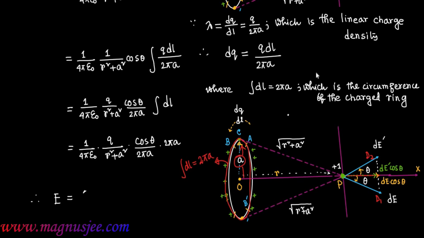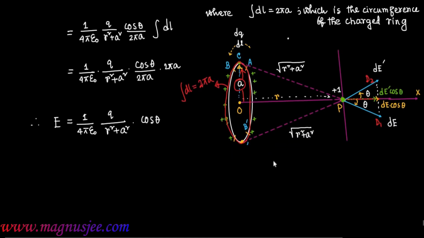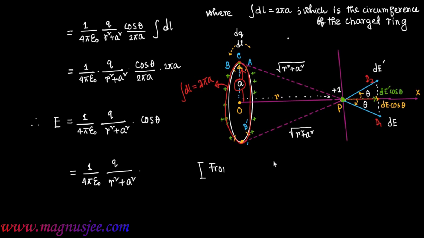Therefore, E equals 1 by 4 pi epsilon 0, q divided by r square plus a square, dot cos theta. 2 pi a and 2 pi a will cancel out each other. E equals 1 by 4 pi epsilon 0, q divided by r square plus a square, dot, in place of cos theta, from the triangle COP.